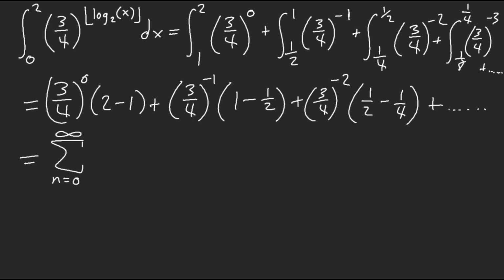Okay, so our sum starts with 0, and I believe that we actually have what, 4/3? Yeah, 4/3 times the sum over n, and then we have 2 minus 1. Well, this is just 1.